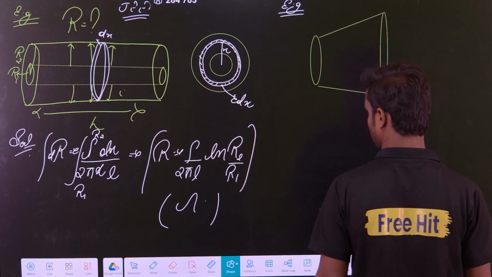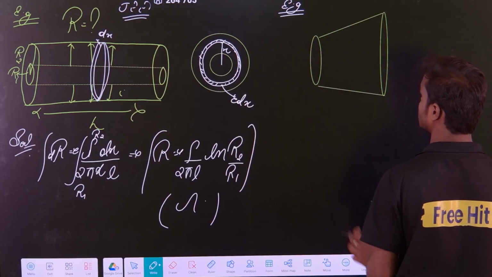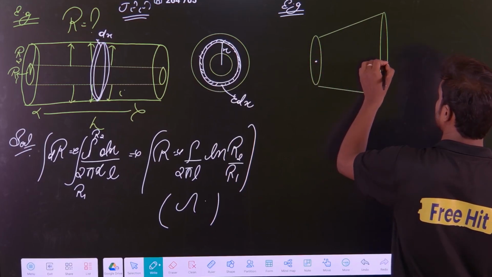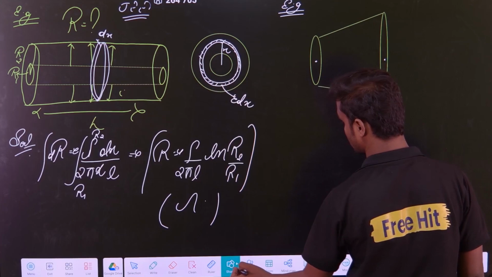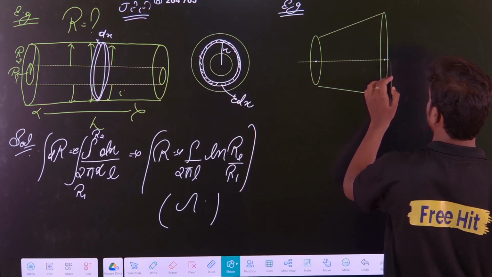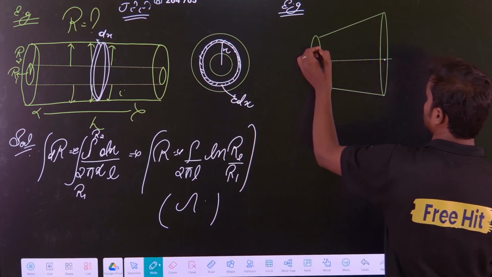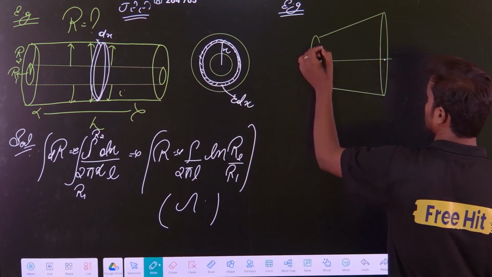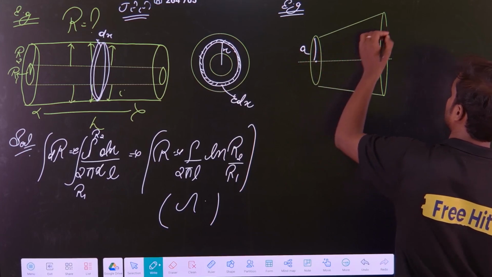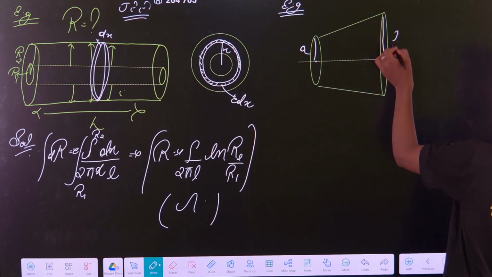Suppose this is my center, and the centers of both are coinciding with each other. Suppose the radius of this is a and the radius of this is b.